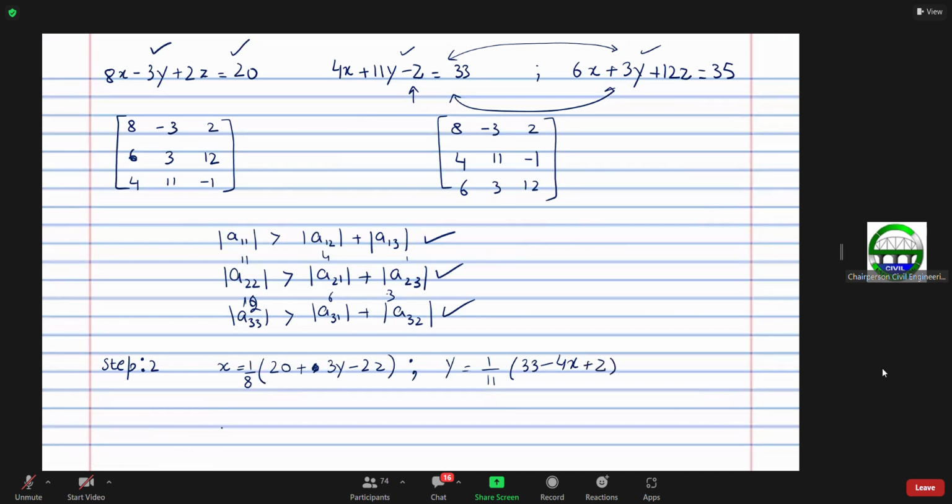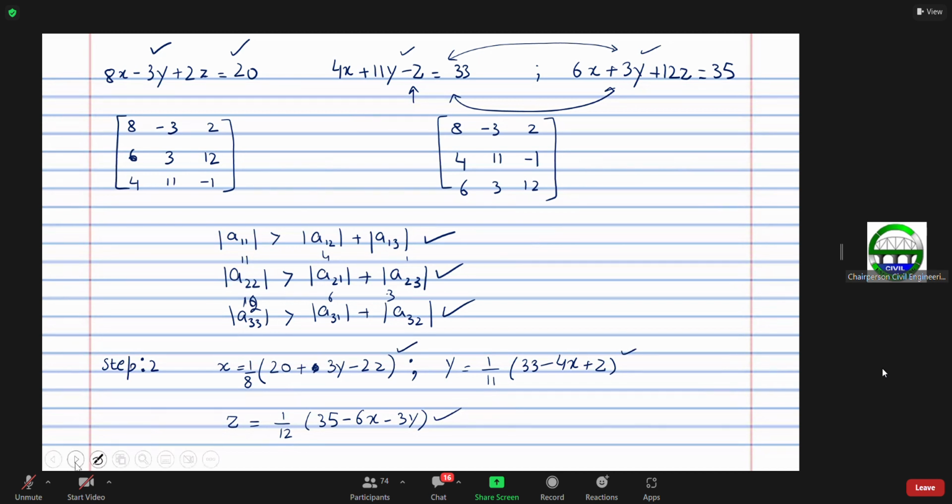And finally, the value of z will be equal to 1 over 12 into 35 minus 6x minus 3y. So now we will have these three values in here.